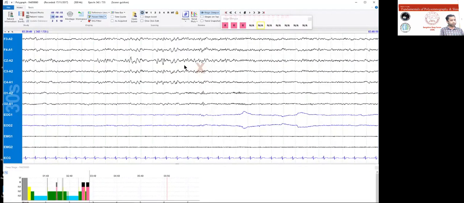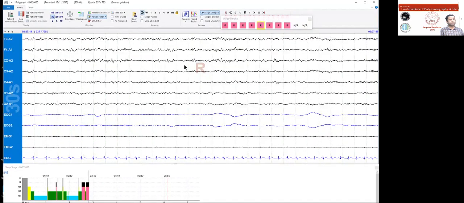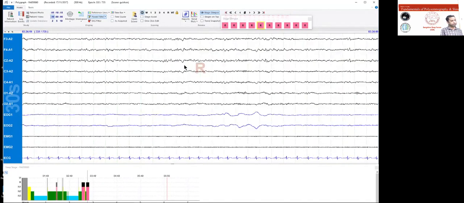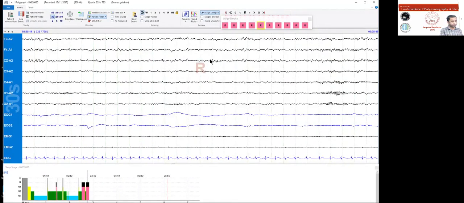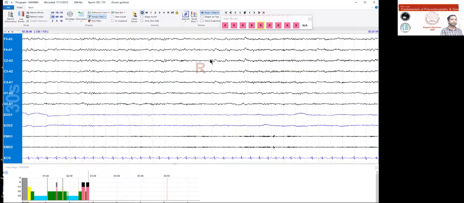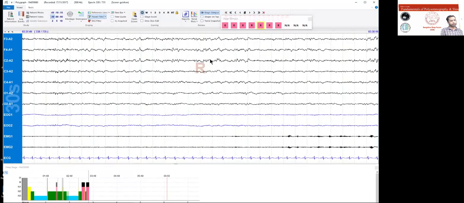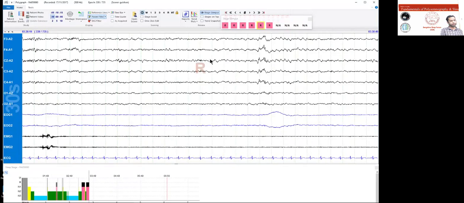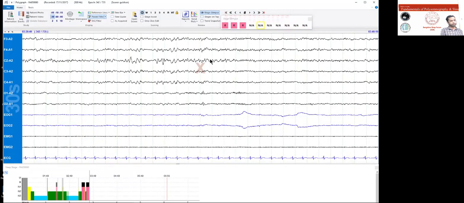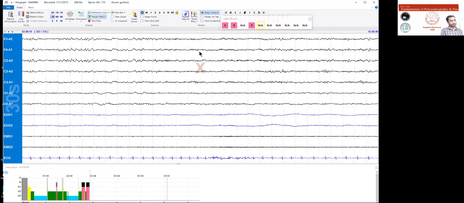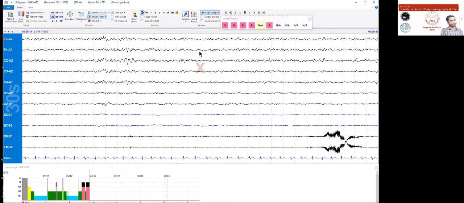So we have seen all the stages like N1, N2, wake, R stage. Okay. The movement is there. This is R. What is like this one?